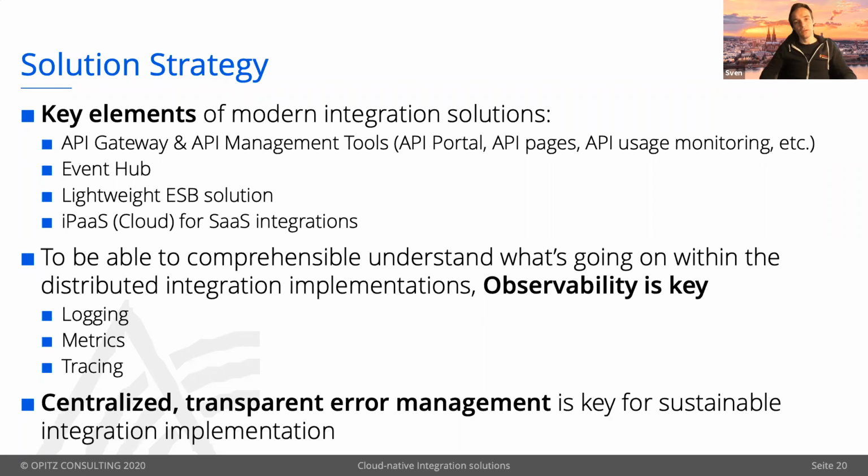And one key thing is that we need proper insight into the integration services we build. So observability is really key when implementing integration solutions, and we should also be aware of errors that occur in an integration architecture.